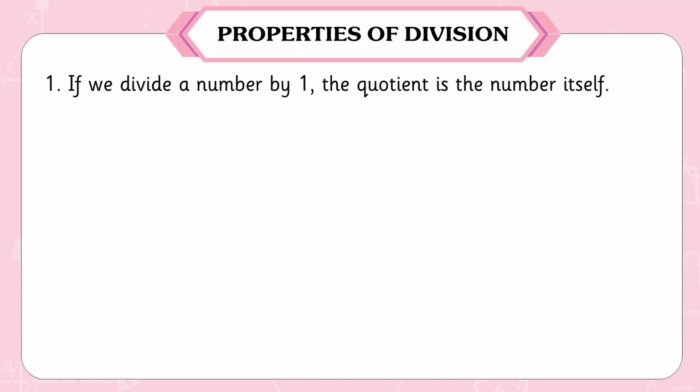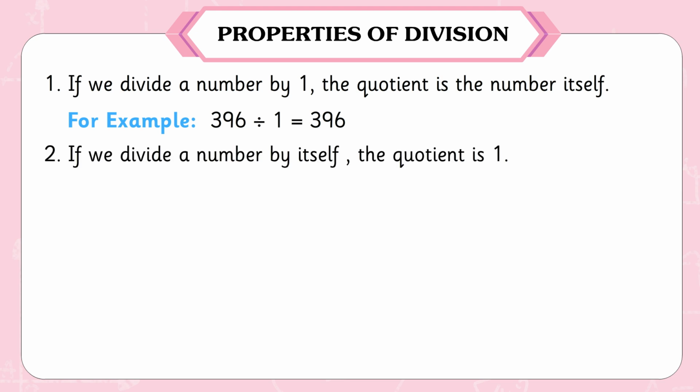Properties of division. 1. If we divide a number by 1, the quotient is the number itself. For example, 396 divided by 1 is equal to 396. 2. If we divide a number by itself, the quotient is 1.